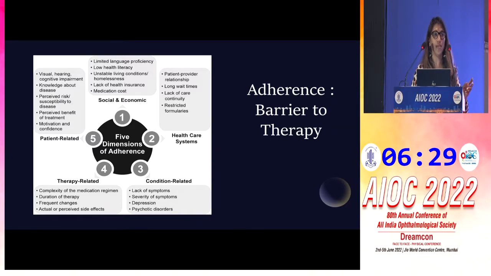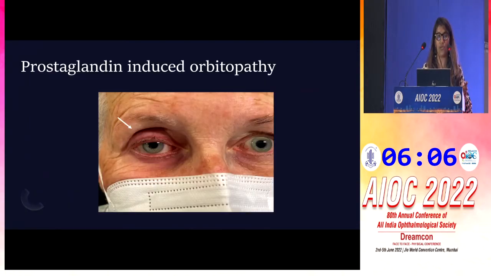We have old patients who often have cognitive impairment, so they are unable to put in the drops. We have socioeconomic factors in developing countries where the glaucoma drops are usually very costly. In developed countries, because of the long wait period, continuity in care is a big problem. And then we should not forget the side effects of the glaucoma drops.